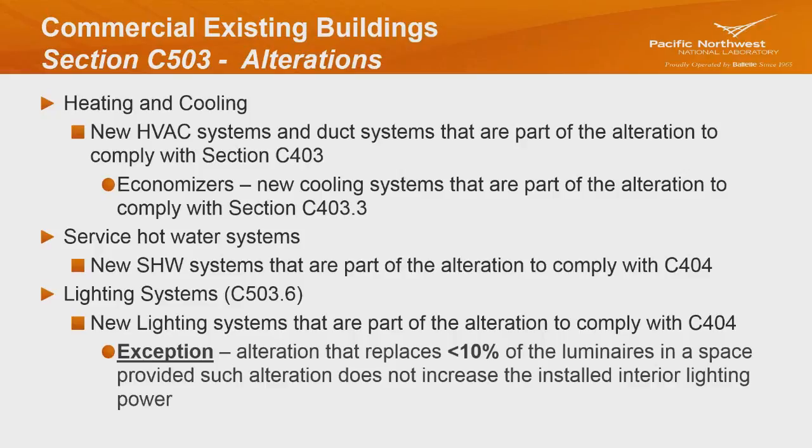It needs to comply. Lighting systems, and this is where that C503.6 is, for the specific requirements for lighting, has that exception for that threshold of 10%. Then it'd be exempt. 10% isn't very much. So basically, when you're altering a space, typically they're showing compliance for the entire space.